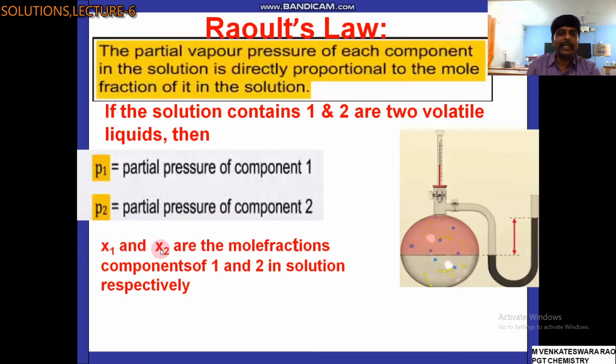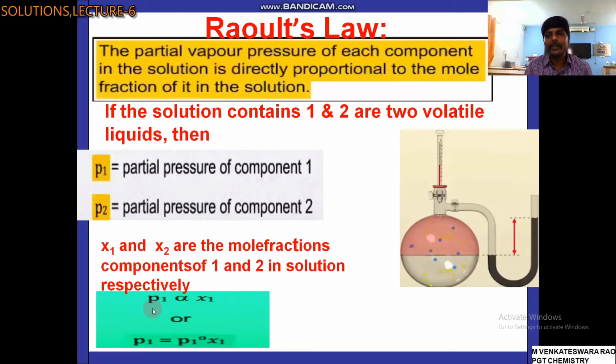Similarly, X1 and X2 are the mole fractions of components 1 and 2. Therefore, according to Raoult's law, P1 is directly proportional to X1. What is P1? Partial vapor pressure. What is X1? Mole fraction.